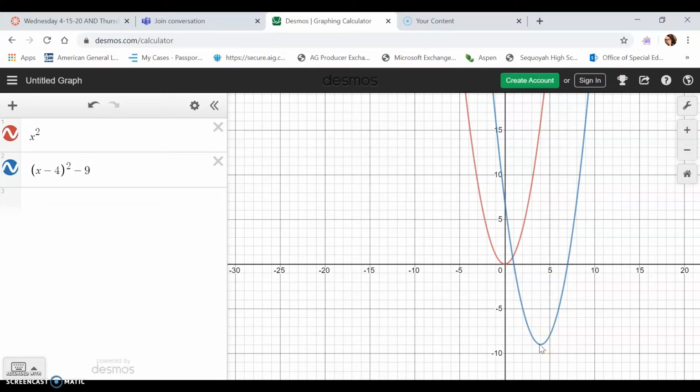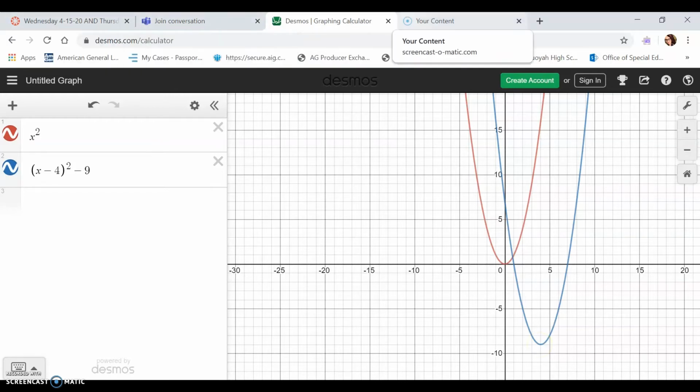If you're just tracking that vertex, see what the points are. You went from 0, 0 to this point, 4, -9. So you went to the right 1, 2, 3, 4. Then you went down 9 units. Okay, and that's how this works.